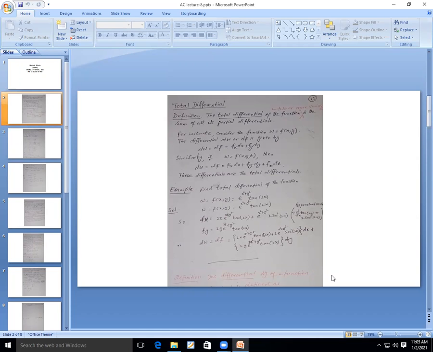If you are given a function, say f of x, in 1 variable, that is y is equal to f of x, then the differential of y is by definition equal to the derivative of the function with respect to x, and then write dx with this derivative.